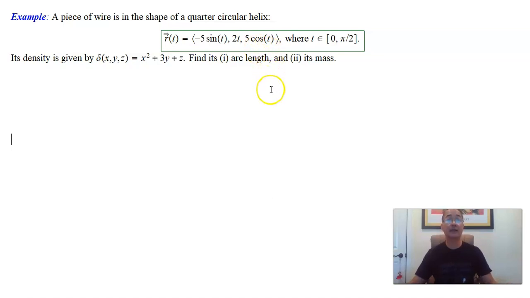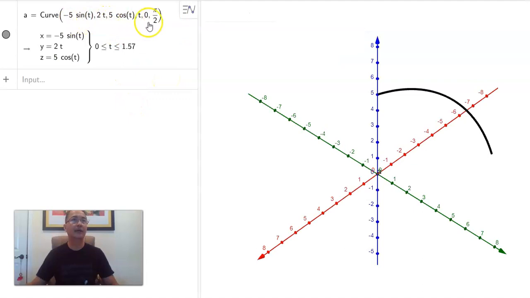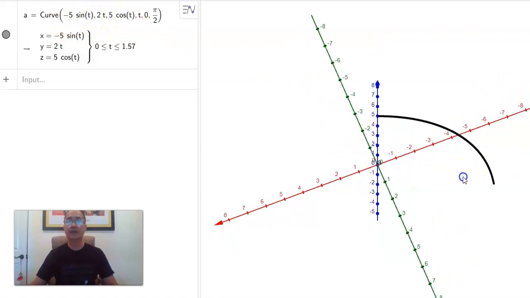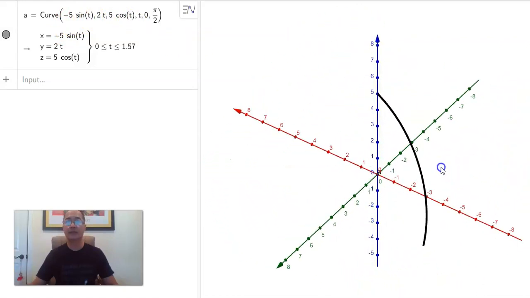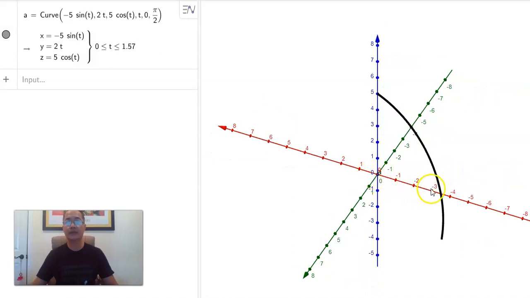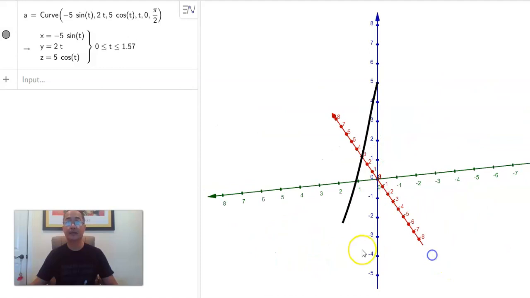Okay, so let's take a look at our helix and see that, yeah, this density makes sense. All right, I already input our helix into the curve command, -5 sine, 2t, 5 cosine. So there is our circular helix. Okay, so yes, the x coordinate is negative, okay, but the y coordinate is positive, and z is also positive. Okay, so it starts at 0, but it ends up at 5.